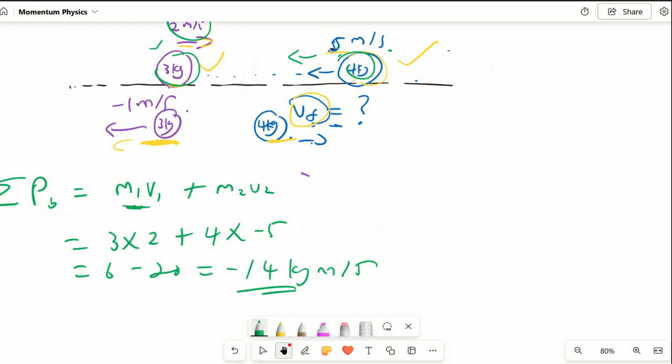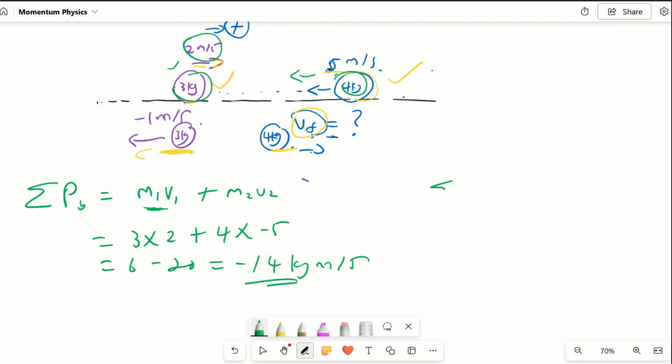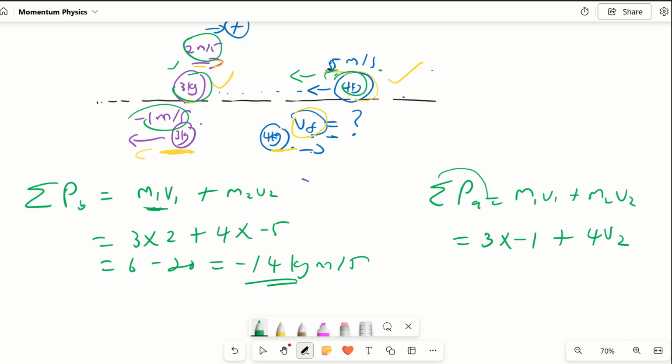Now, what is the momentum after collision? They have to be equal. After collision, M1 V1 plus M2 V2. The mass of the first one is still the same. The speed is in the opposite direction, so it's minus. Plus, the mass of the second one is 4. The speed we don't have. We don't even know what the direction is. But since the momentum before is equal to the momentum after, we can also find V final of the second ball.